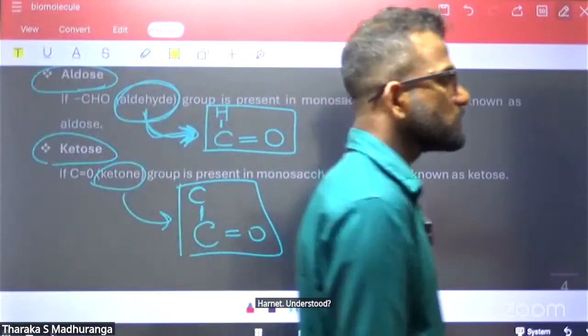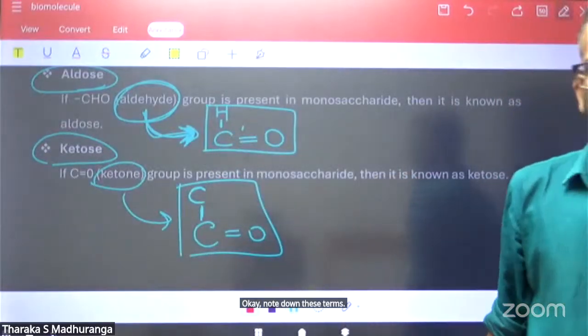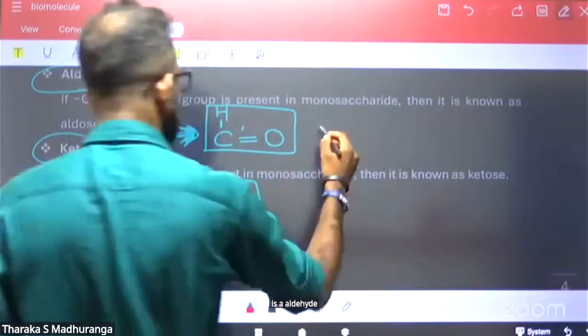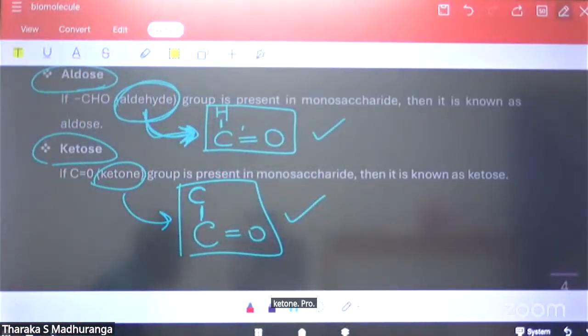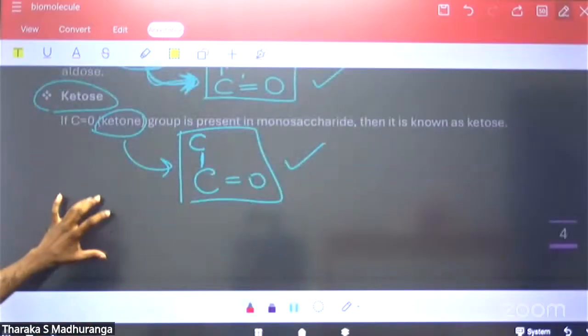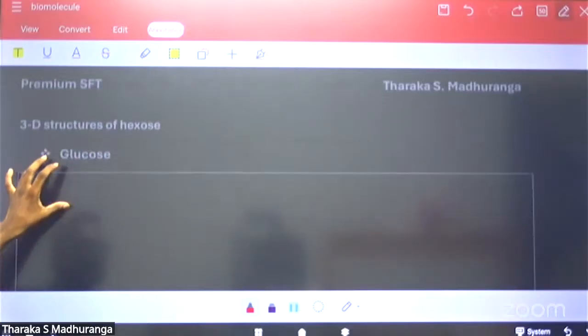Understood? Okay, note down these terms. This is an aldehyde group. This is a ketone group. Up to now, clear?